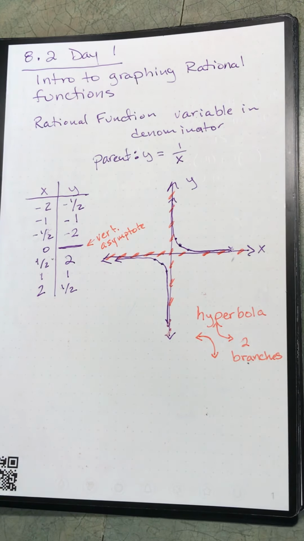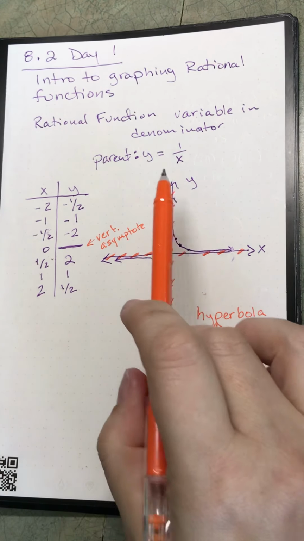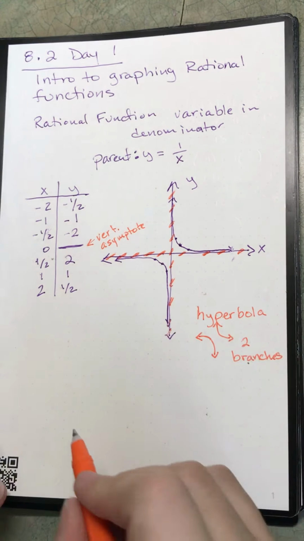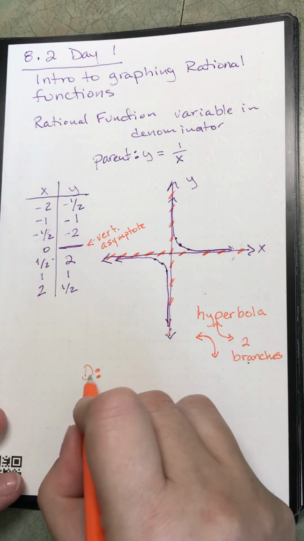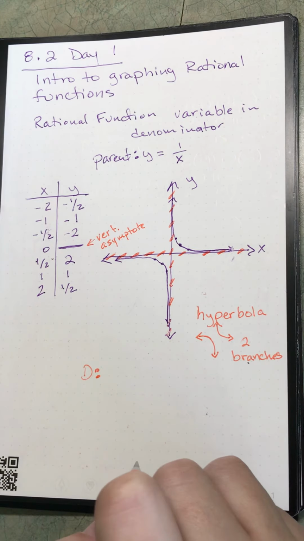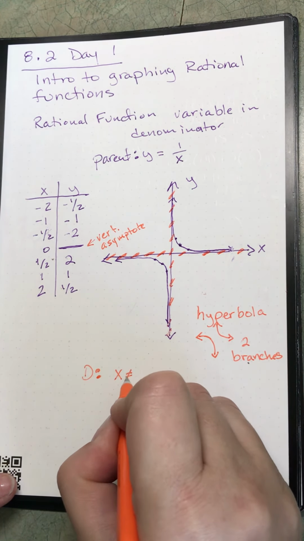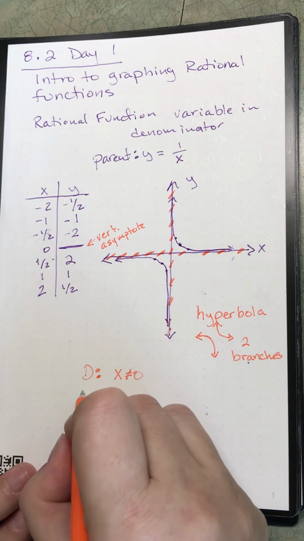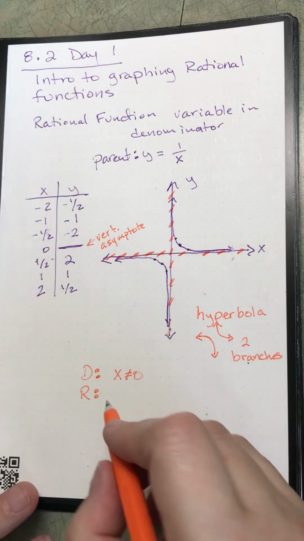For just our very basic inverse variation functions, the domain is always going to be x is all real numbers except 0. So I'm just going to write it like that for now. x cannot equal 0. And our range, y is all real numbers except 0.